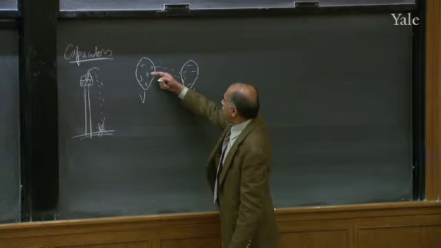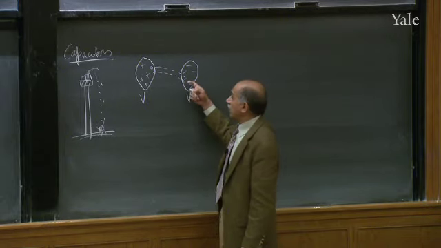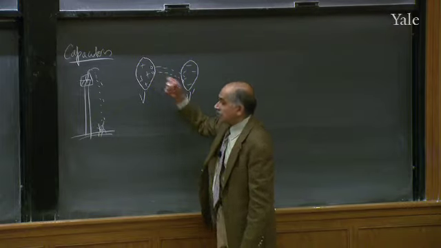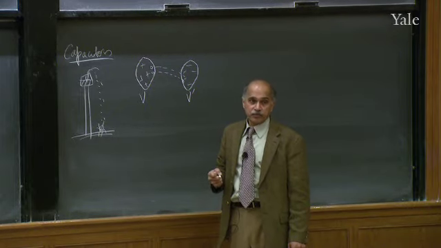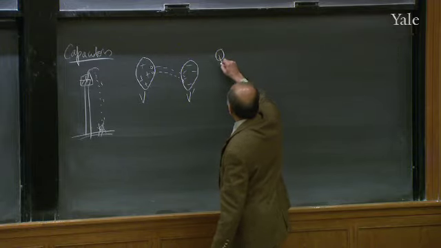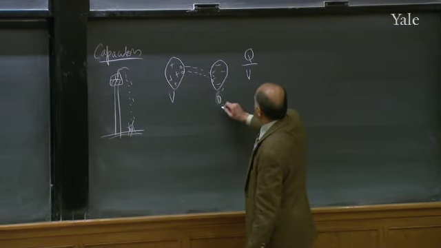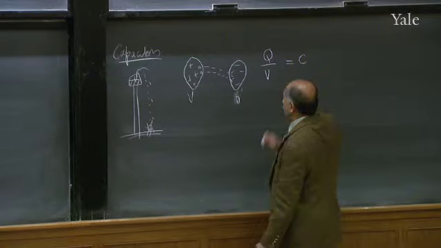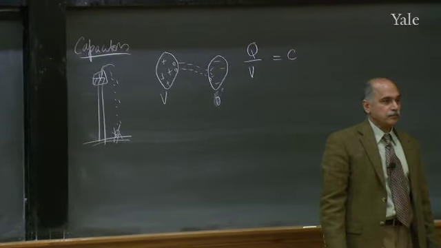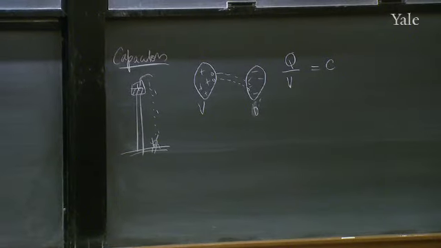And because it's harder and harder to pump the coulombs, you can imagine that there is a potential difference between them, because you got to go uphill to pump even more charge into this already charged object. So we define the capacitance as the charge that you transferred divided by the voltage difference you got. So let me call this 0 by convention. That is called the capacitance. That's the ability of that system to hold charge.